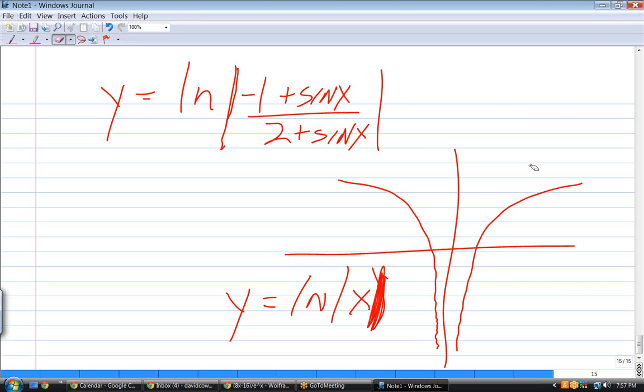That's the same as, if I wanted the derivative of this one down here, it's 1 over x when x is positive, but it's negative 1 over x when x is negative. And you can kind of see why. The derivative is the slope at any place on this curve, right?